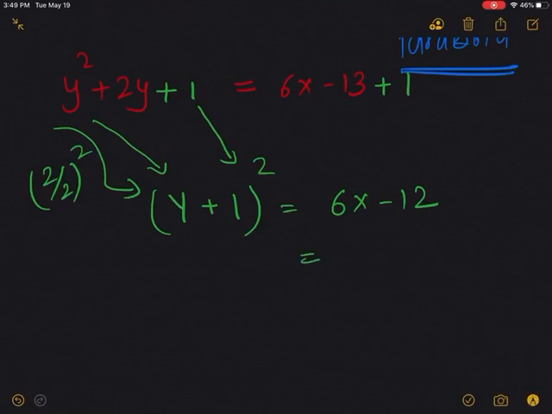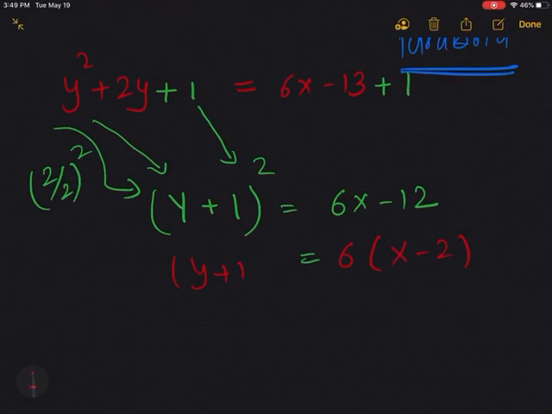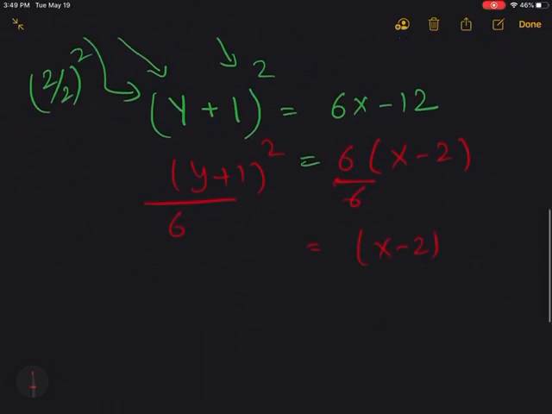So this is where you need to factor out the coefficient of the x term, which is 6. So this is x minus 2. Almost there. Lastly, remember this number has to be in front of the squared expression, so I would divide by 6 on both sides. Finally, my equation is x minus 2 equals 1 over 6 times (y plus 1) squared.